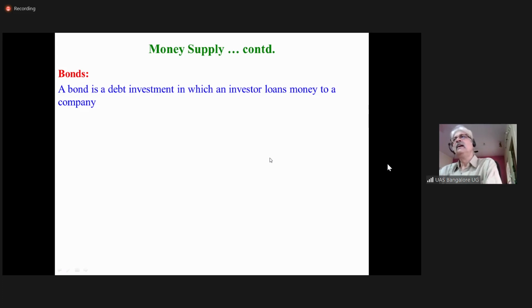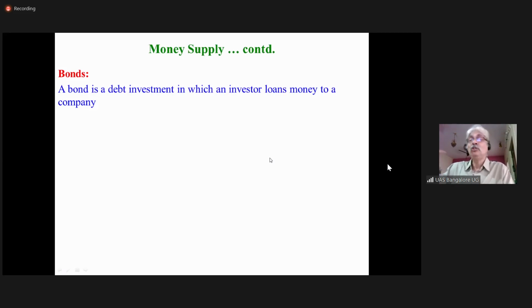So you are a capitalist who has given a loan to the company, bond. The advantage of being a shareholder is, if the company makes huge profit, if the company is flourishing, it is doing very well, it is earning huge profit, then you will get a larger share in the form of dividend.